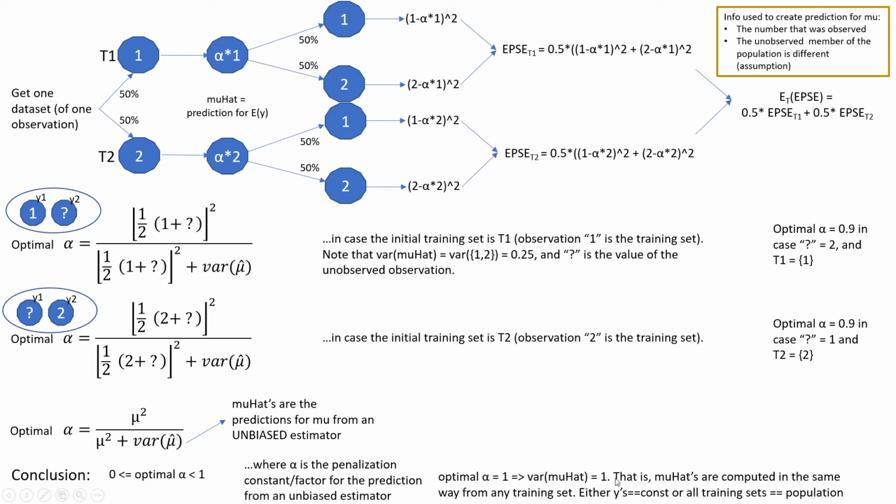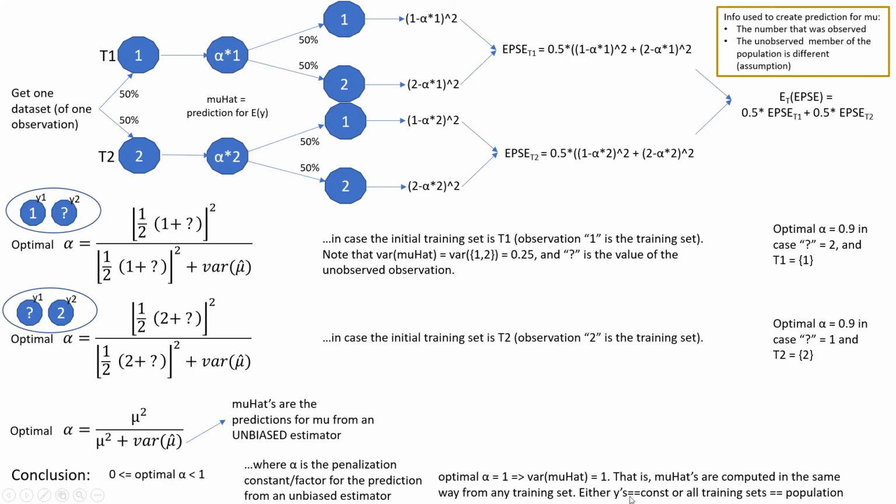This occurs only in two situations: when y's are constant. So if the population is 1 and 1, we will compute our mu hat as being 1, 1. So the variance of 1, 1 will be 0. But this is not interesting because in statistics, y's always have some variance.